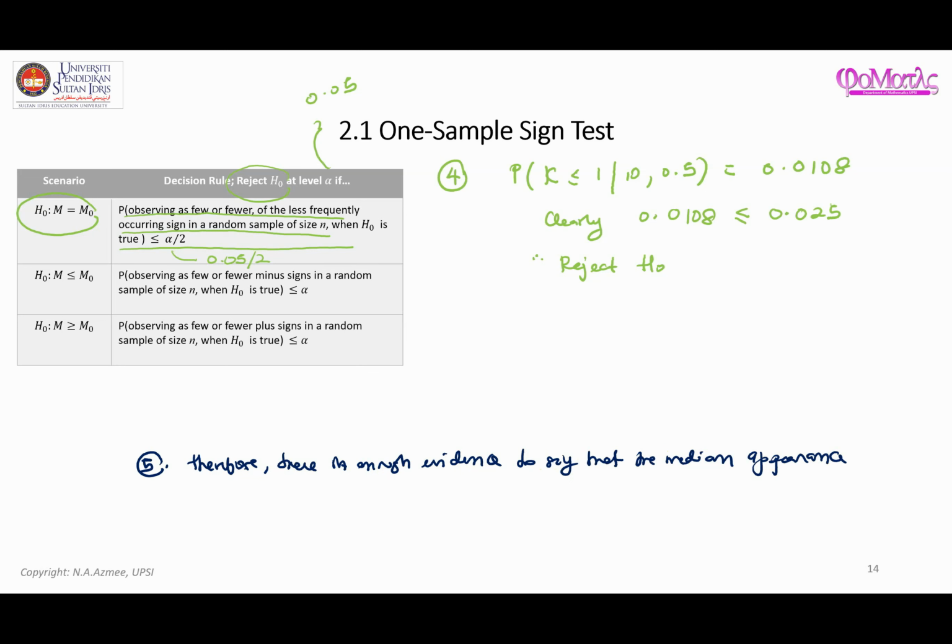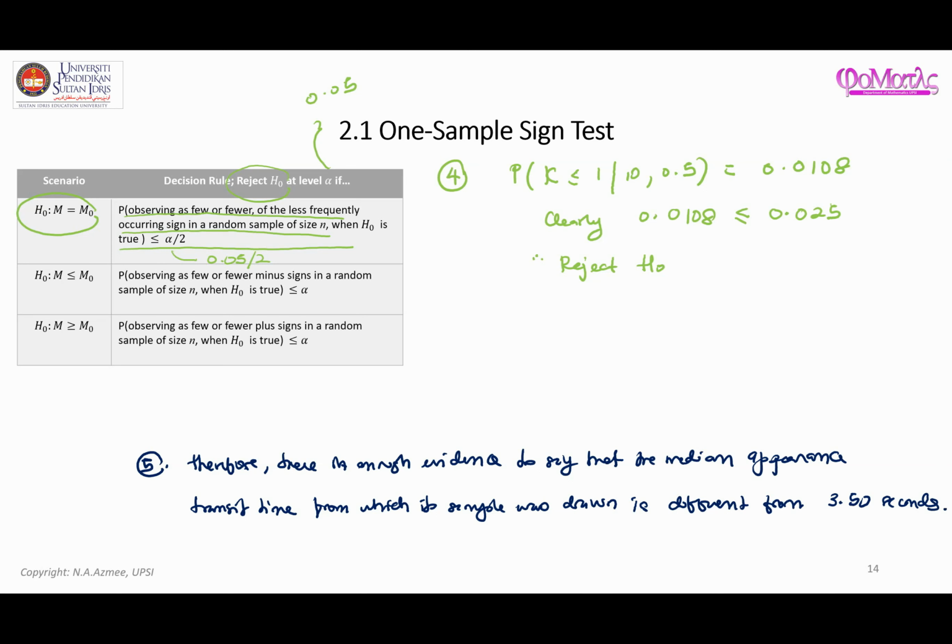So to say that the median appearance transit time from which its sample was drawn is different from 3.5 seconds. Okay, so that's it.